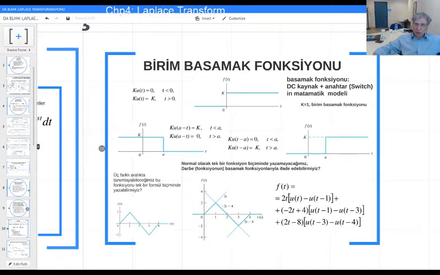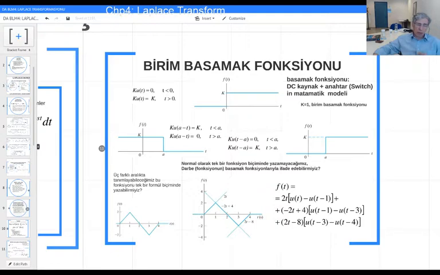So the conclusion of this integration is not to depend on t anymore because of these boundaries here. If you put these values in it, then it becomes a function of s. So this is the Laplace transform of f(t).